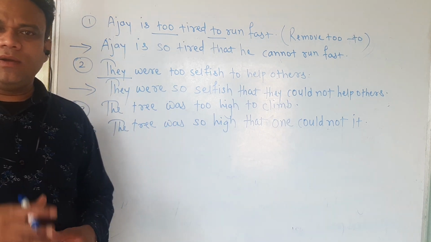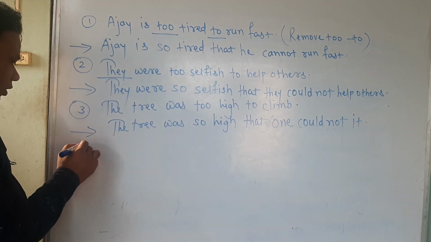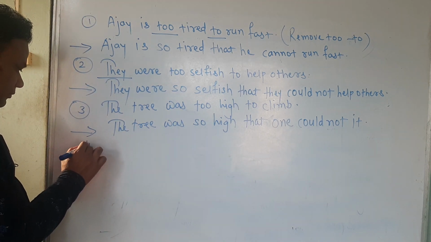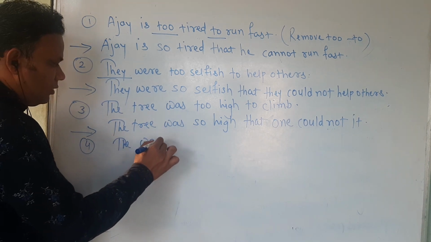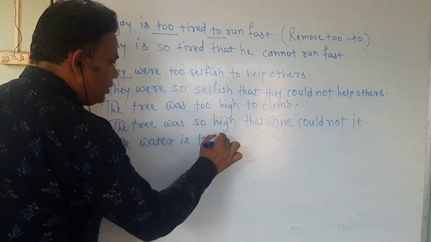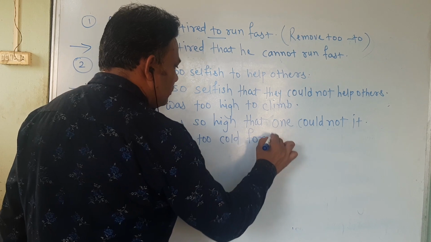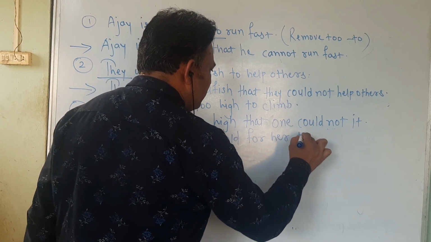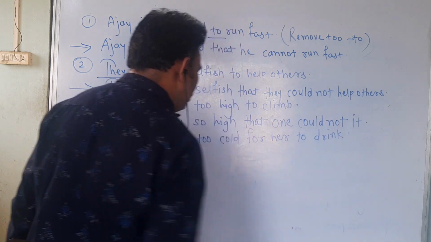Now in some of the sentences for is there. So I'll explain one sentence having the preposition for. The water is too cold for her to drink.